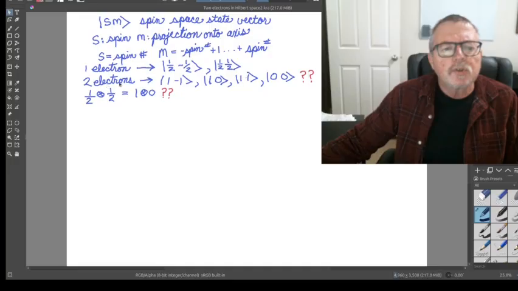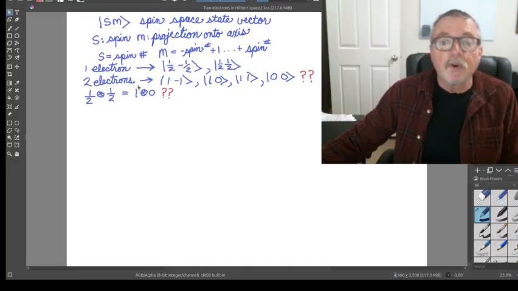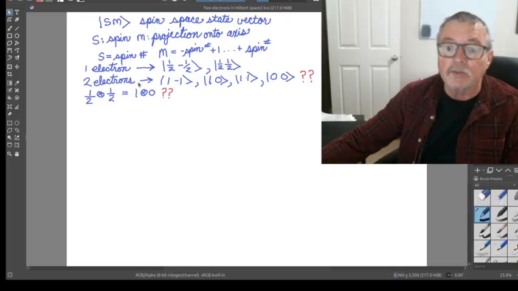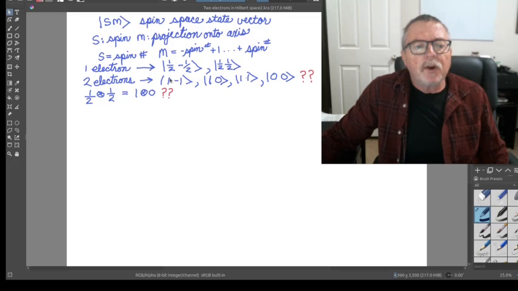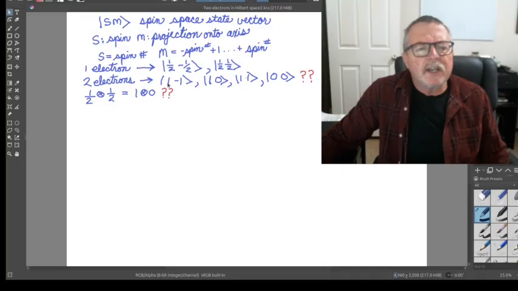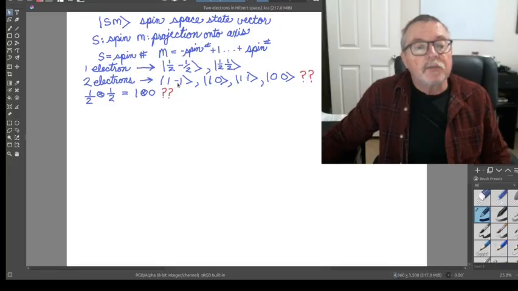Let's take 2 electrons, which is really what we're focusing on in this video. So let's take the spin number of 1. Now you might say, spin number 1, why is it 1? This line down here kind of tells us what's going on. If we could figure this one out and then apply it to the rule, then spin 1 would be, we start with minus 1, then we'd have a 0, and then we'd have a 1.